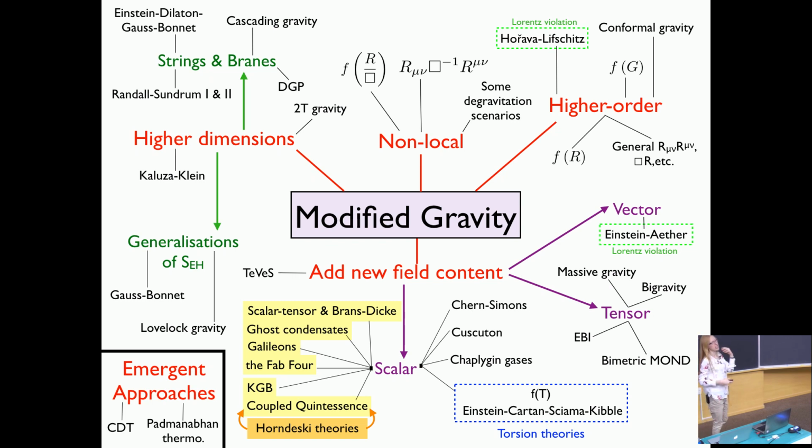Clearly, it's not feasible to go around and constrain and work on each of these theories individually in our analysis pipelines. So this problem of testing this landscape led to a set of smarter tools.